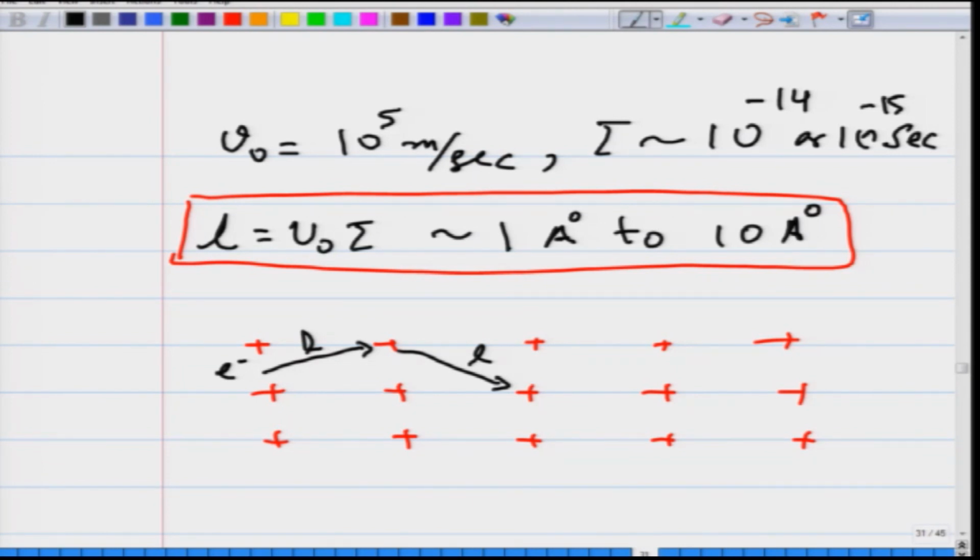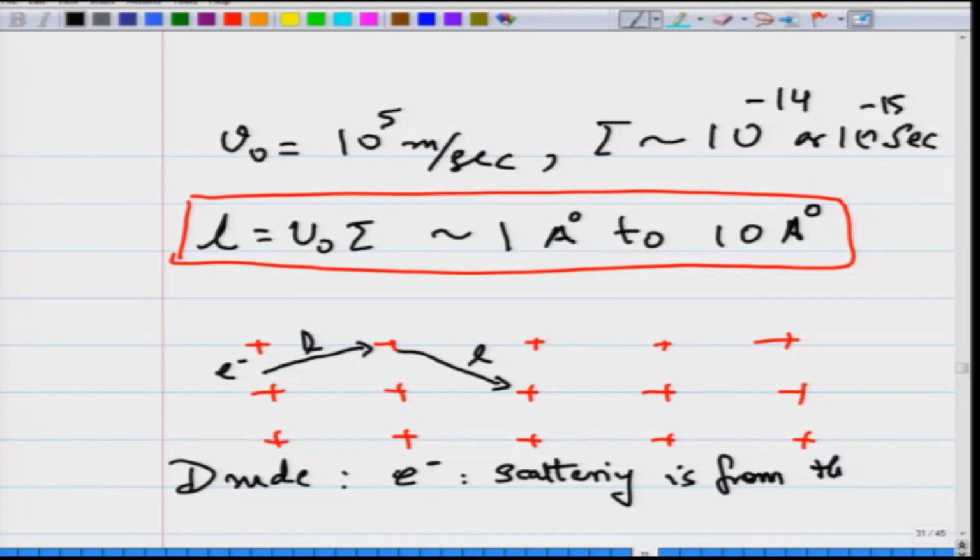So, Drude assumed that the scattering of electrons is from the ionic lattice.